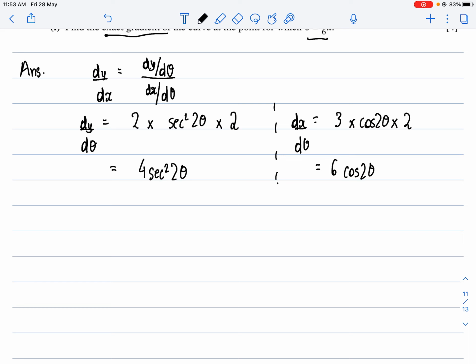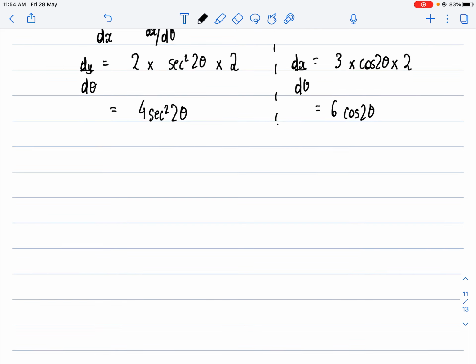Now I need dy by d theta over dx by d theta. So my dy by dx will be equal to 4 sec square 2 theta over 6 cos 2 theta.